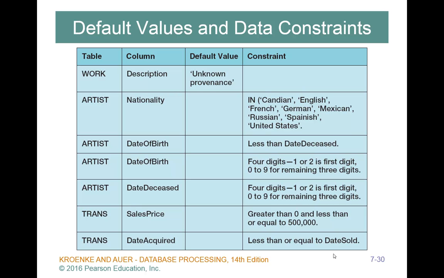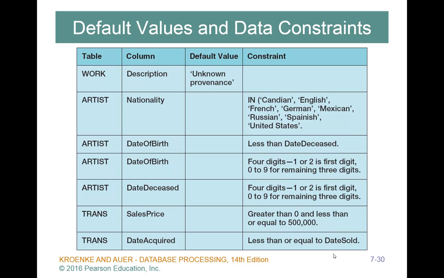So back to the ViewRidge gallery database, we've come up with some default values on our tables that will be in the database. We see three different tables here that have some type of default value or data constraints that we need to implement on the data that will be input into the tables. For the work table, we've already discussed that we do have one default value, unknown provenance.